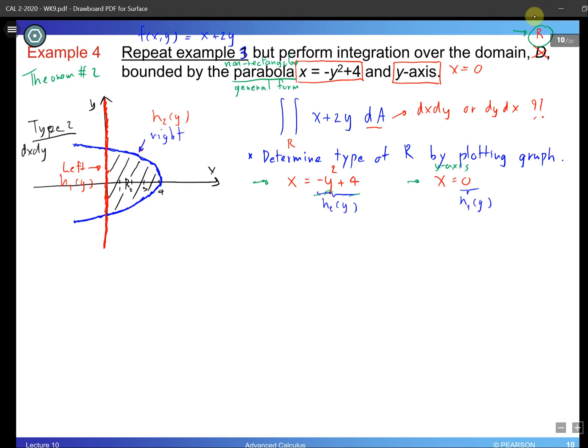So we have this double integration of x plus 2y.